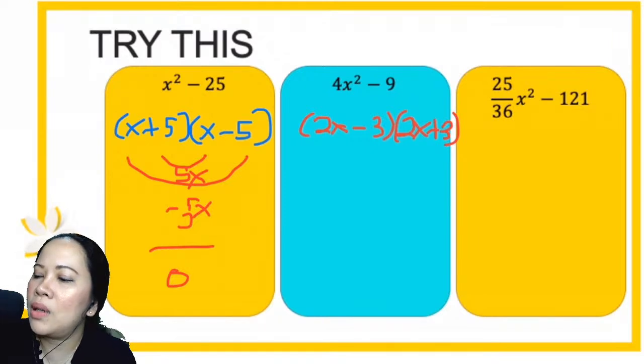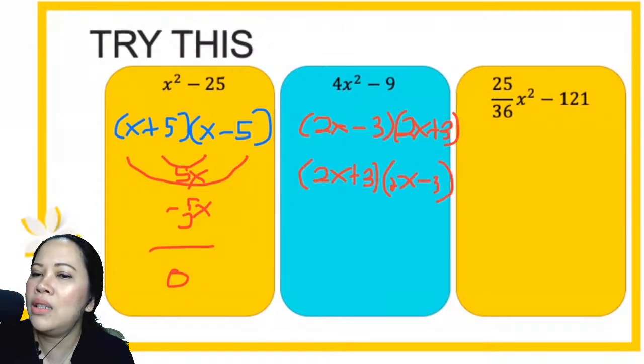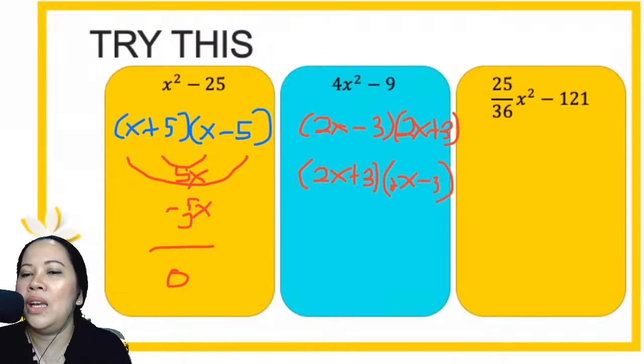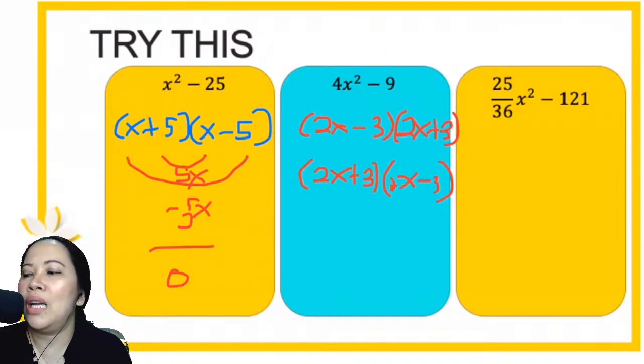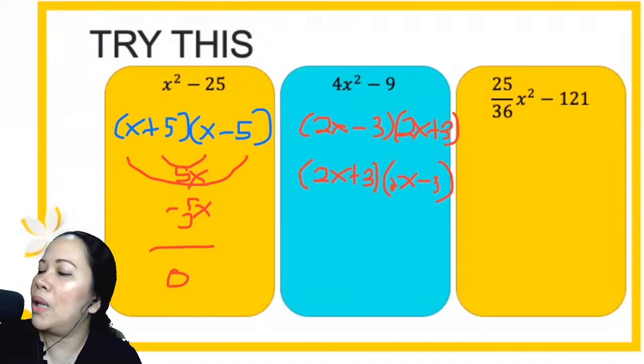Okay. You might ask, Teacher Maria, is it really necessary for the plus to be first and the minus to be second? No. Plus, minus, first and second doesn't matter, because we're not adding, we are multiplying. I'll show you an example.